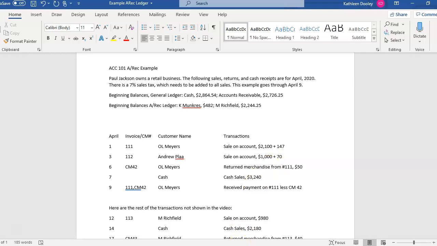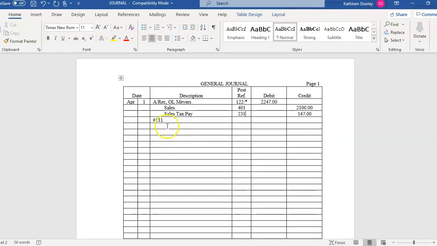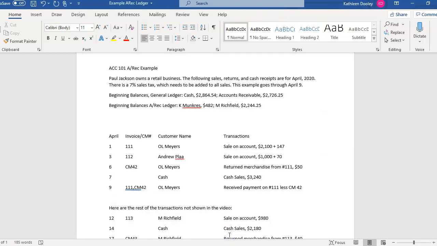Now I can go ahead and do my journal entry. Go to my journal, skip a line, go to the next one. This is on the 3rd. And we're debiting accounts receivable. And this was Andrew Play.